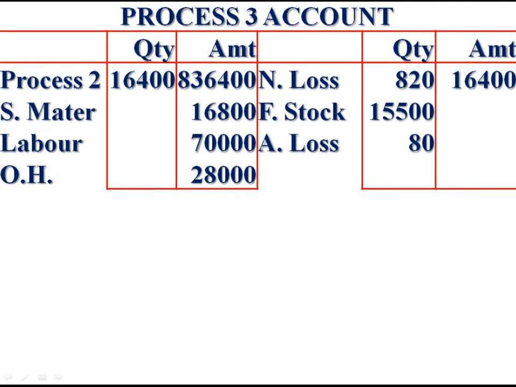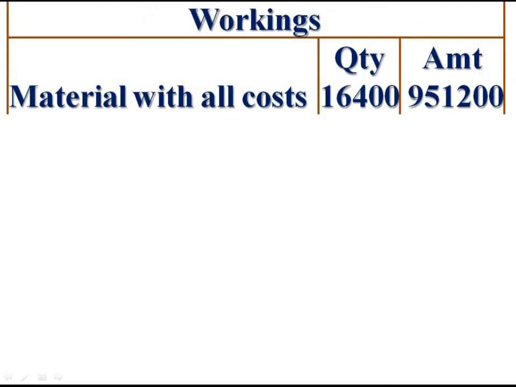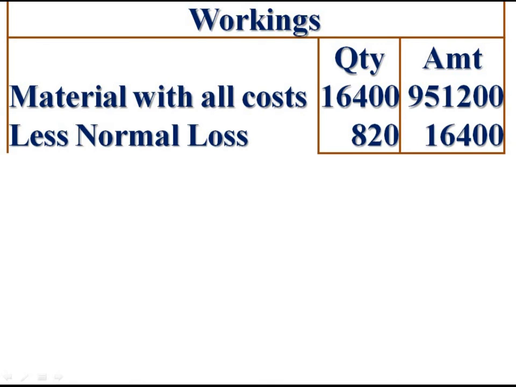Abnormal loss 80 units. Now we are entering into workings for the computation of value of finished stock and abnormal loss. Materials with all cost. Debit total 16,400, amount 9,51,200. Less normal loss 820, 16,400.